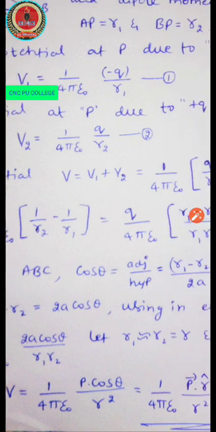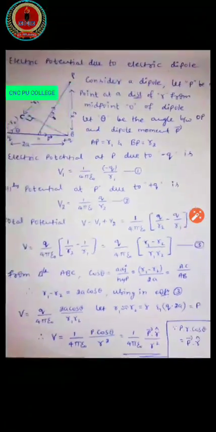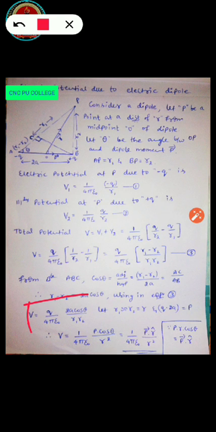Therefore, we are considering Q into 2a as p. So observe carefully in this equation, r1 is approximately equals to r2, that is equals to r, so the denominator will become r squared. And that Q and 2a is replaced by dipole moment p.